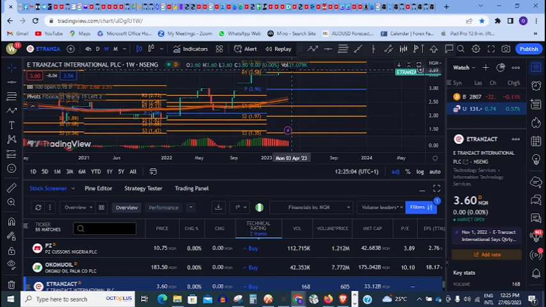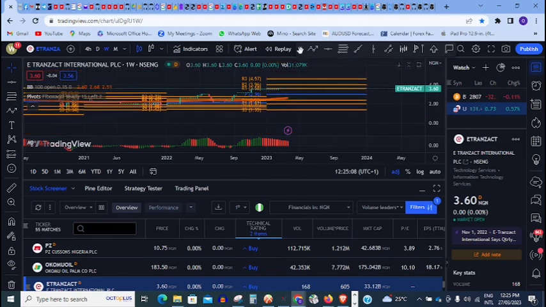Okay, E-Transact at the current price is okay. There are two possibilities. Market can go like this, or you wait for a pullback for market to come back here and go like this. So best entry is at 2 naira 93 kobo.